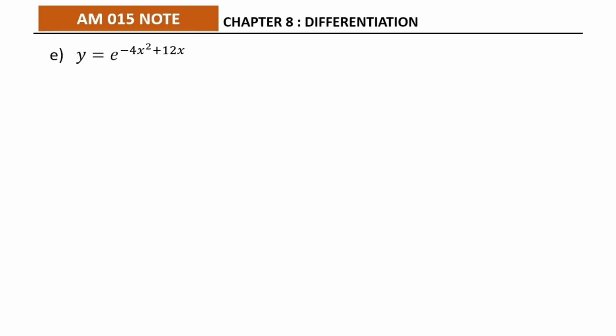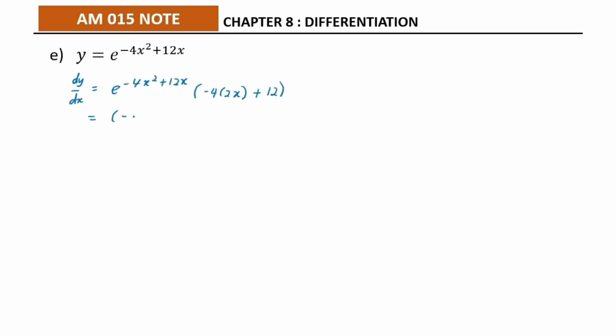Next example, y equals e power of negative 4x squared plus 12x. Differentiate y, we get dy/dx equals, differentiate e, we have e itself, e power of negative 4x squared plus 12x. And then differentiate the power of e, negative 4, differentiate x squared, we get 2x, plus differentiate 12x, we get 12.